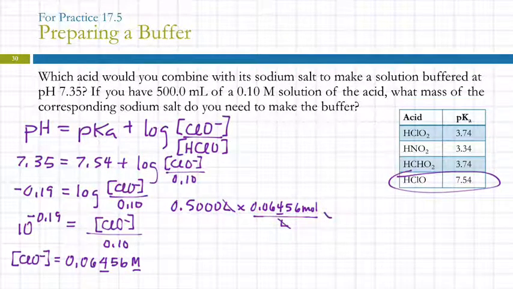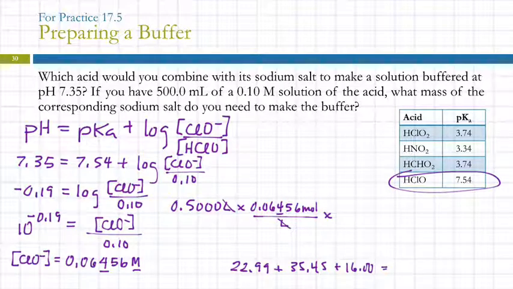And then I need the molar mass of this compound. Sodium and chlorine and oxygen. 74.44. So I'm going to multiply by my molar mass.